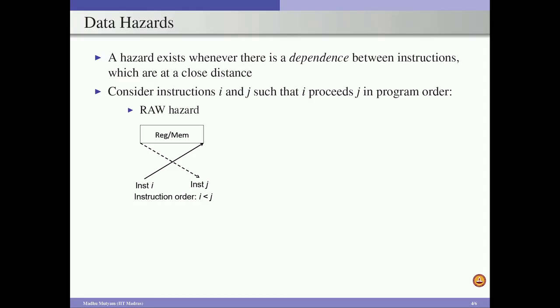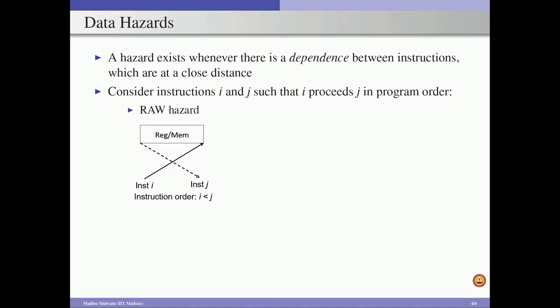Now, if instruction j proceeds before instruction I because of our out of order execution, then it is going to create a hazard. That hazard is called a read after write. Actually, this read has to be performed after the write is completed, but when we reorder these two instructions, instruction j can read the value from a register or a memory location.